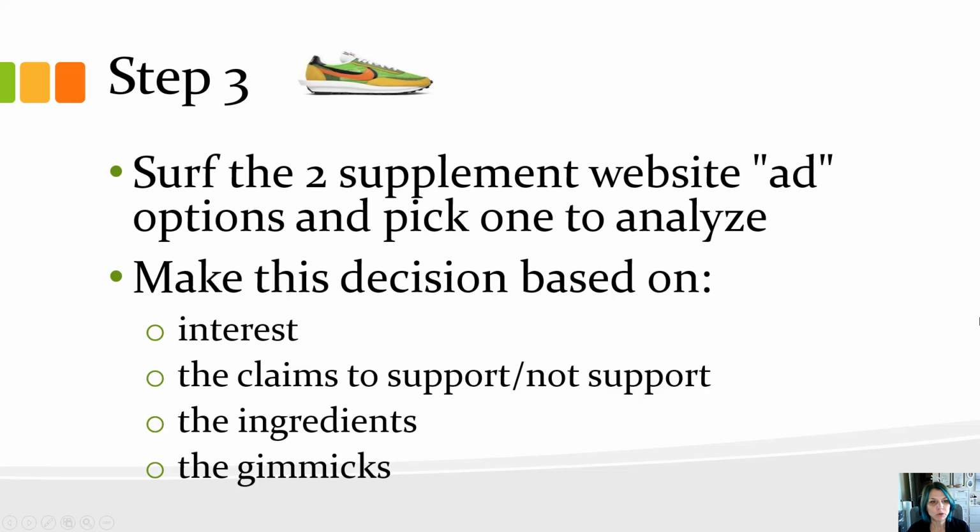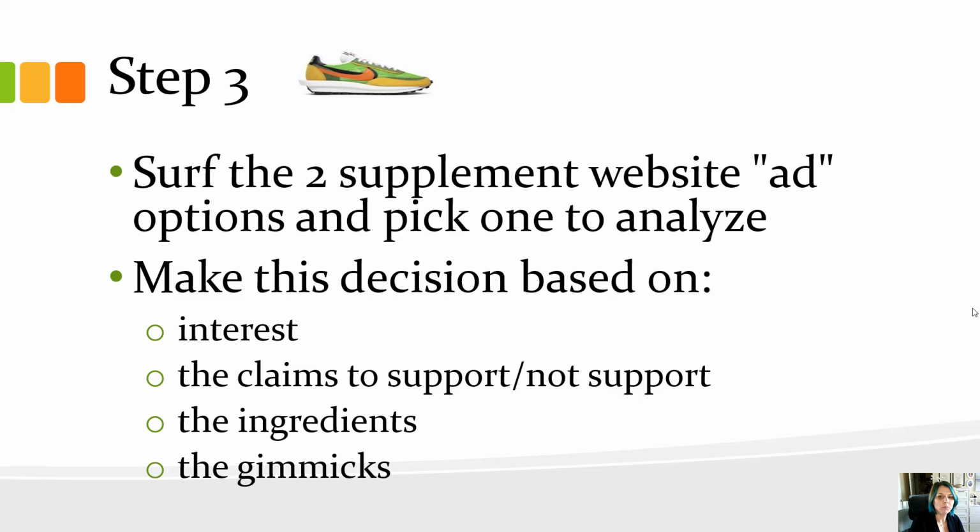Step 3, surf the 2 supplement website ad options and pick one to analyze. Not the 2, but the 5. So I just put the number wrong, but I'm giving you 5. So please surf the 2, not the supplement, but the consumer product, fitness product options, and just pick one.